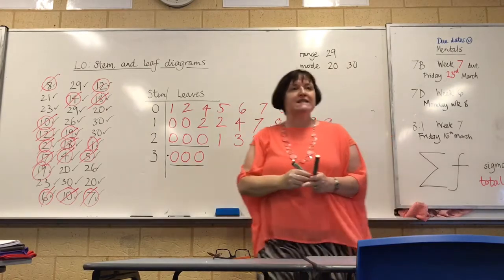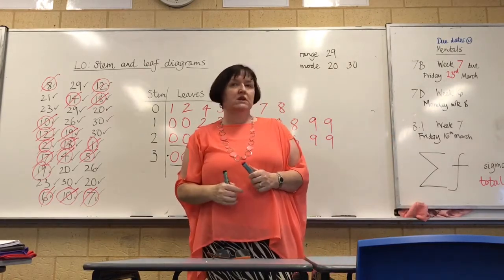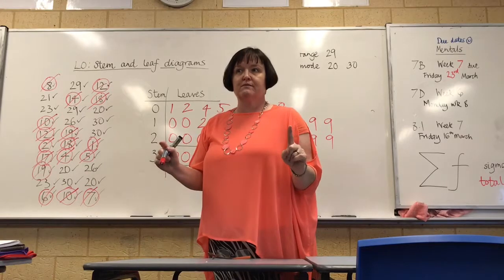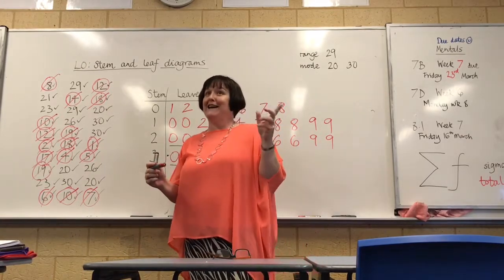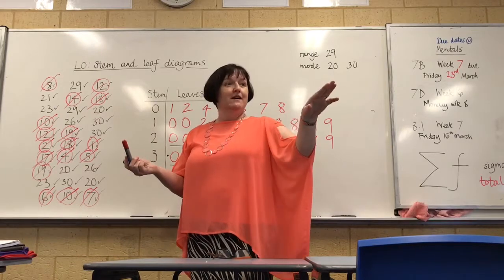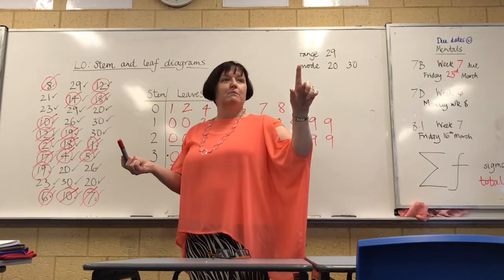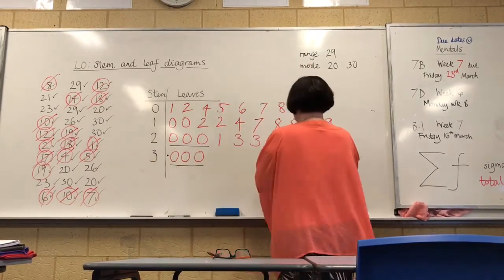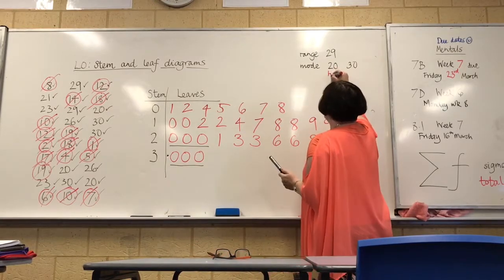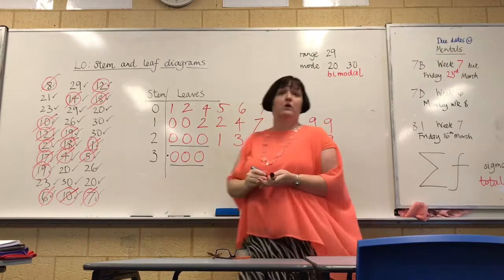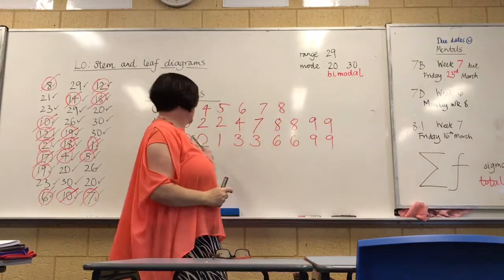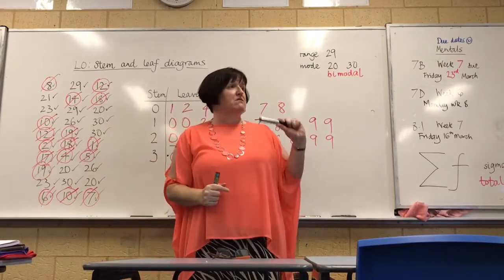Now, what is a data set called that has 2 modes? Bimodal. So this data set is bimodal. We've got 3 students whose birthday was on the 20th and 3 on the 30th.